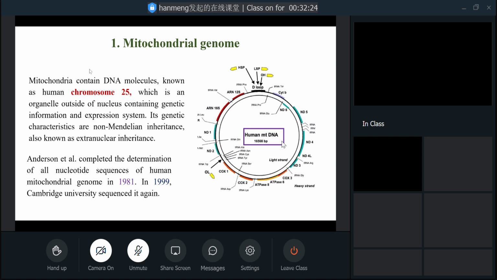Total is 24 chromosomes. So the mitochondria is known as chromosome 25. It is an organelle outside of the nucleus containing genetic information. Its genetic characteristic is non-Mendelian inheritance.